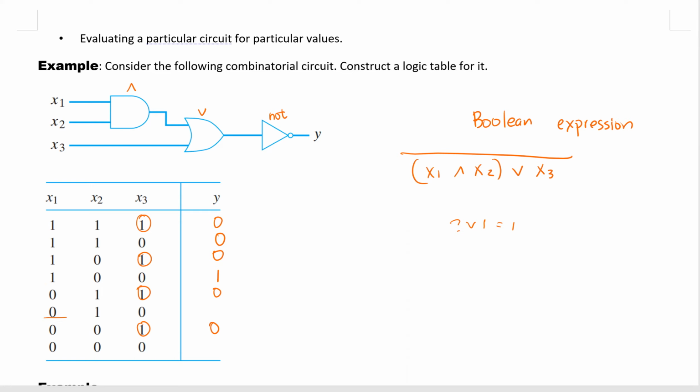This one, 0 and 1 is 0, 0 or 0 is 0, NOT 0 is 1. This one, 0 and 0 is 0, 0 or 0 is 0, NOT 0 is 1. So far, so good, everybody. So this is how we figure out the logic table. Let's continue.